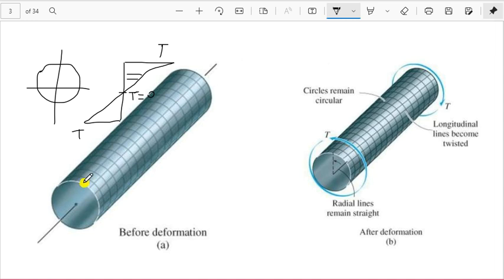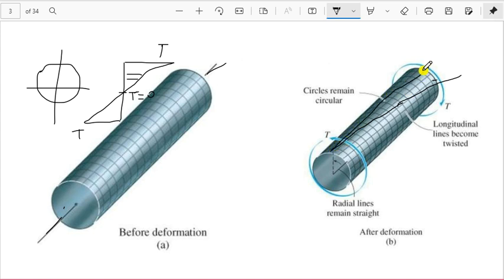You can see these straight lines, parallel straight lines, which are again parallel to the longitudinal axis. Now if this shaft is subjected to torsion T, then you can identify the lines are twisted like this. That means those parallel lines became somewhat twisted like this.